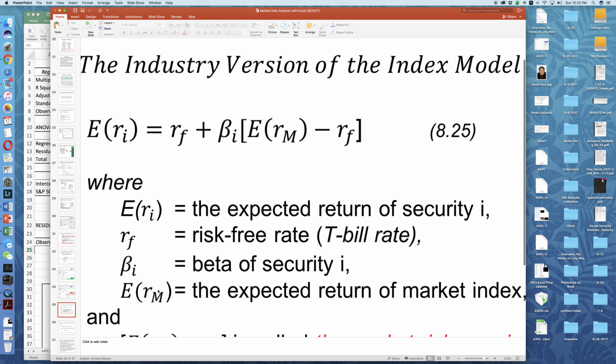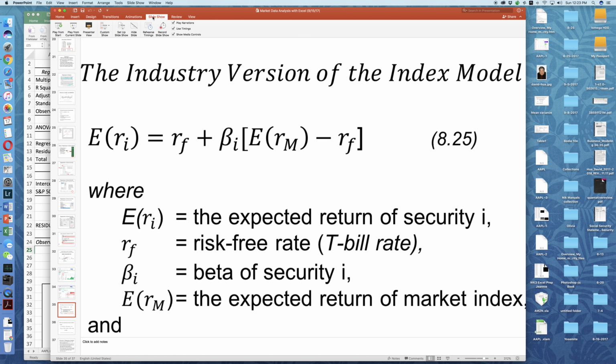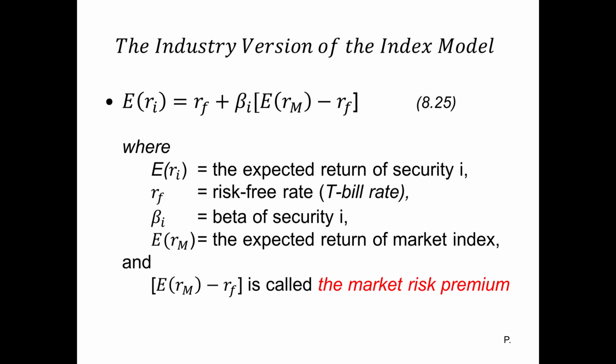Here is the equation in the textbook. It's an industrial version, but we treat it as if it's the capital asset pricing model. So the expected rate of return for security i, here Apple, is equal to the risk-free rate, the T-bill rate, plus the beta, and I'm going to show you how to do the beta calculation, times the market expected rate of return, we are using S&P 500, minus the risk-free rate.